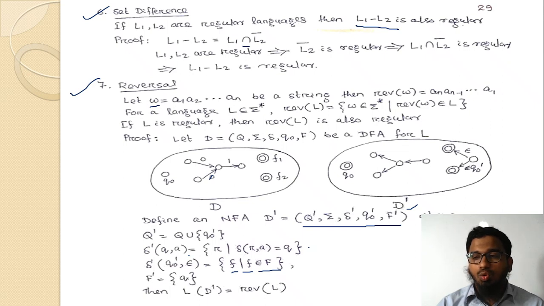F dash is equal to q, the start state of the original. Then L of D dash is equal to reverse of L. If you take the D dash, then L of D dash is equal to reverse L. Okay, so this is about reversal.